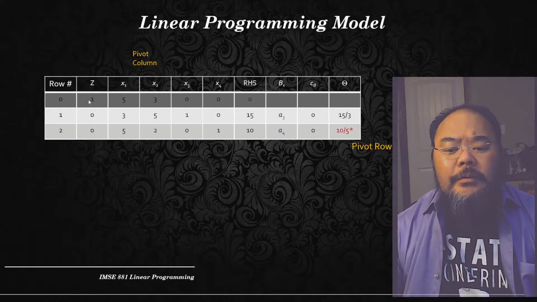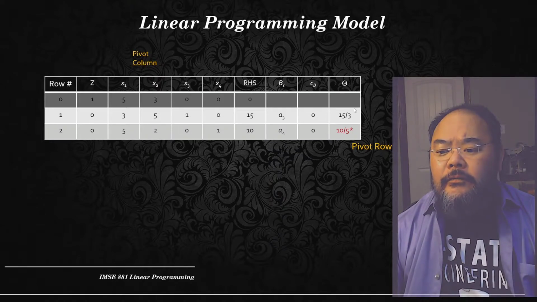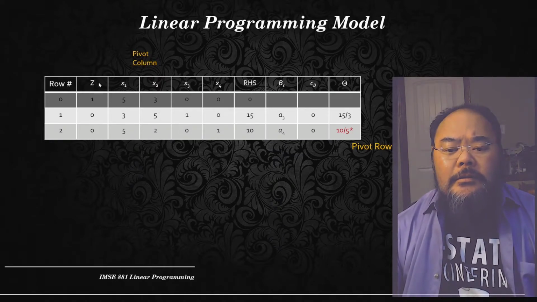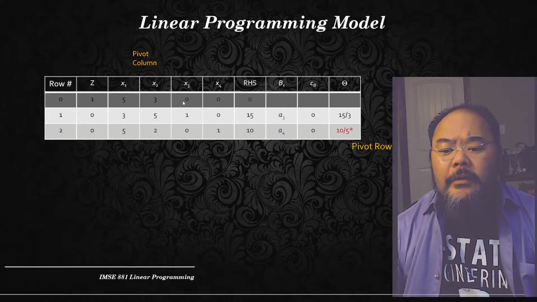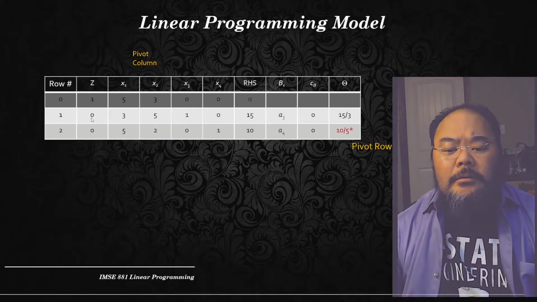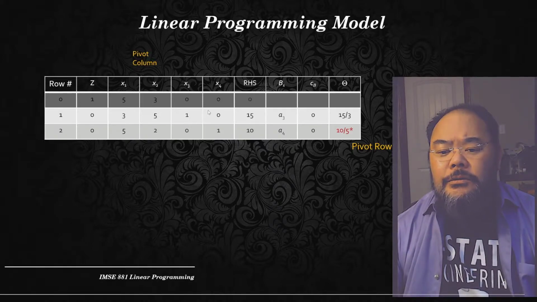The next slide shows this. The first row has z with 1, and then 5, 3, 0, 0. Accordingly, the right hand side is the current objective function value, and the first and second rows are the original constraint functions laid out in the tableau format.